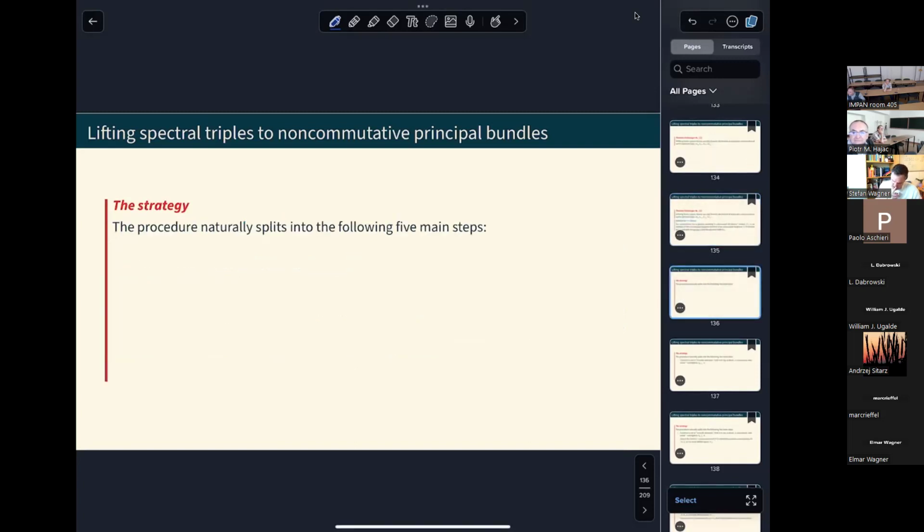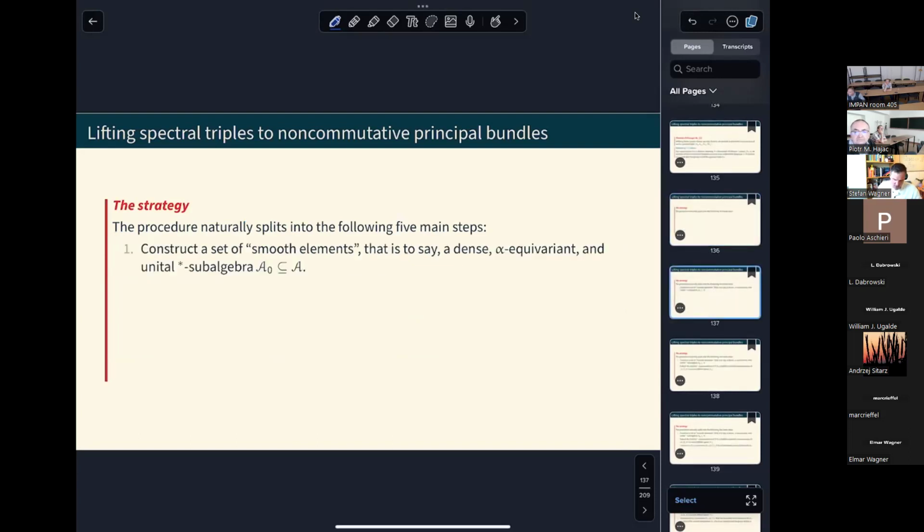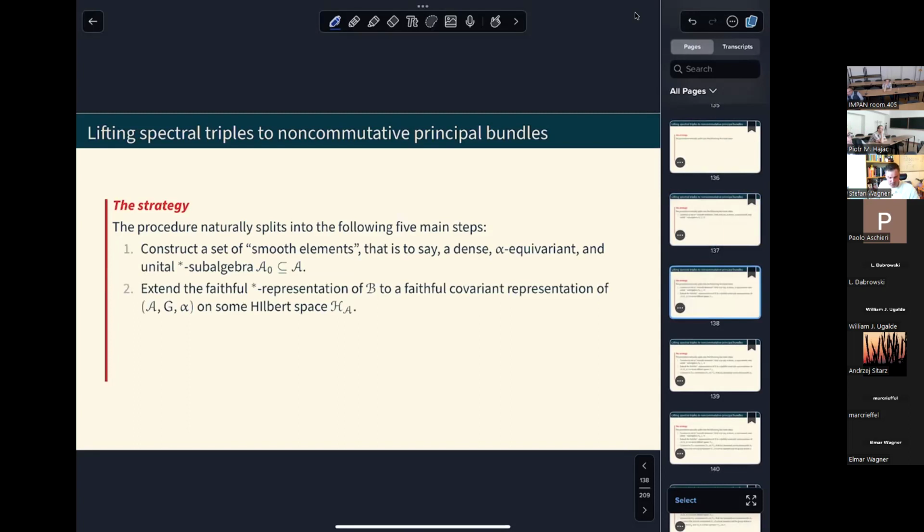So the procedure splits into the following 5 steps. First of all, you would like to construct a set of smooth elements, so some dense alpha equivariant and unital star subalgebra of A. And then what you need to do is to extend the faithful star representation on B to a faithful covariant representation of the C-star dynamical system on some Hilbert space HA.